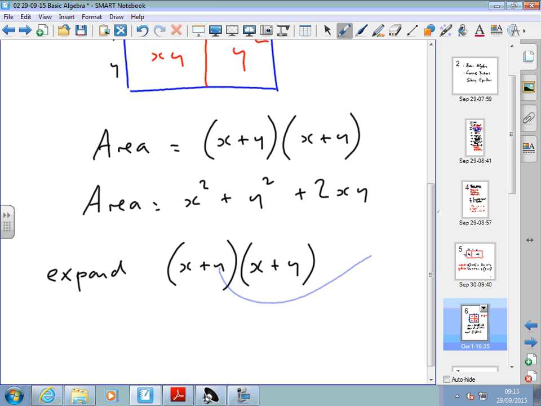So x plus y times x plus y in brackets is equivalent to, so if I do the first one, x times x, x squared. x times y, xy.